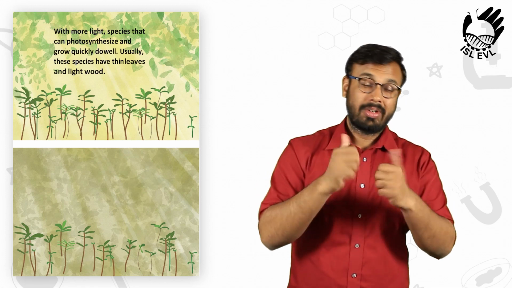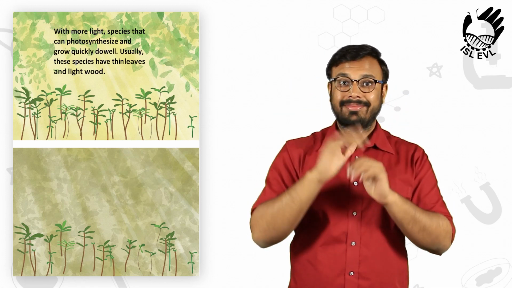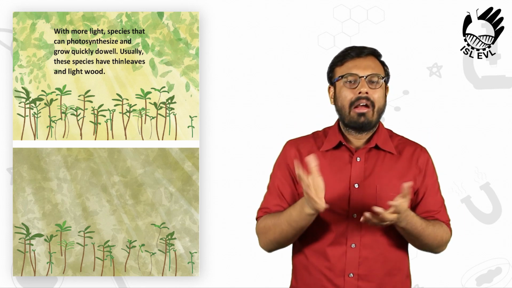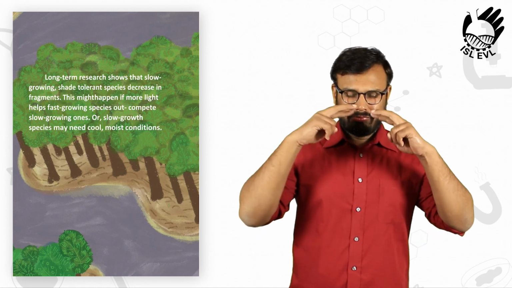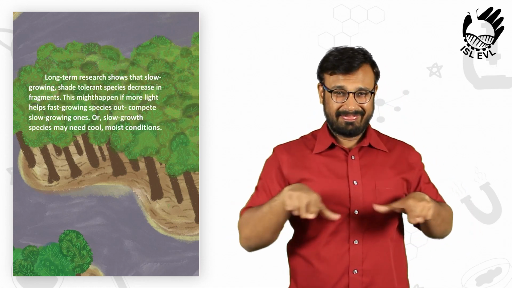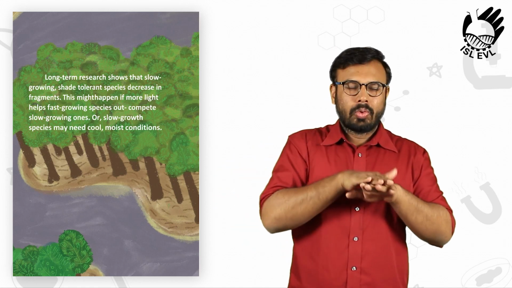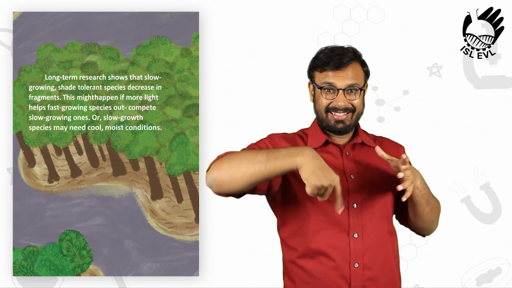Usually, these species have thin leaves and light wood. Long term research shows that slow growing, shade tolerant species decrease in fragments.